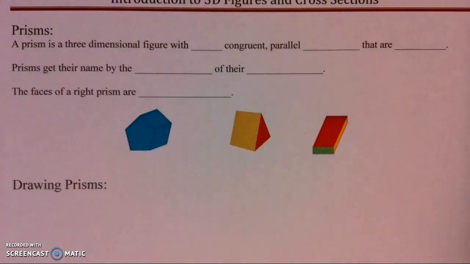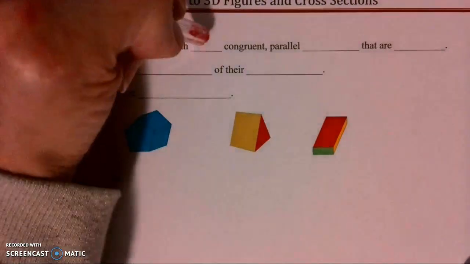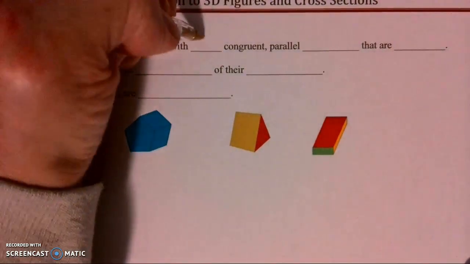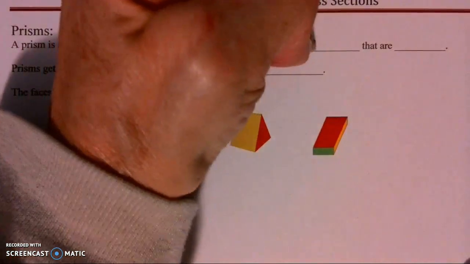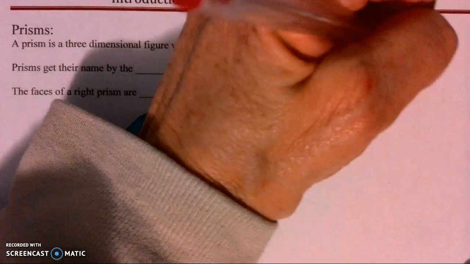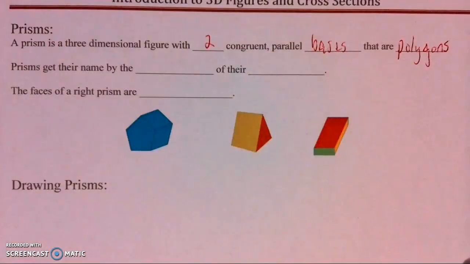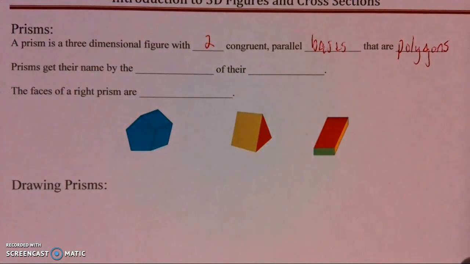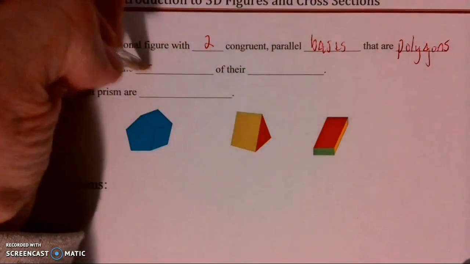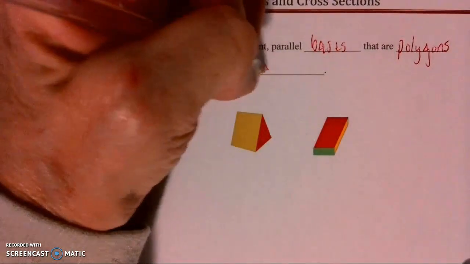Let's start with prisms. A prism is a three-dimensional figure with two congruent parallel bases that are polygons. When I name a prism, I'm going to name the prism by the shape of their base.